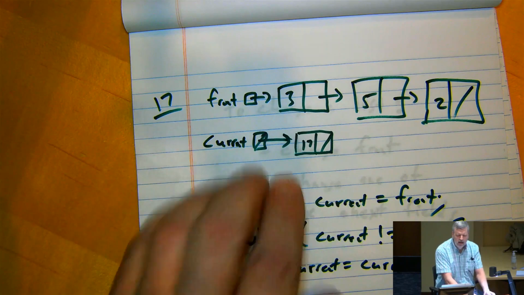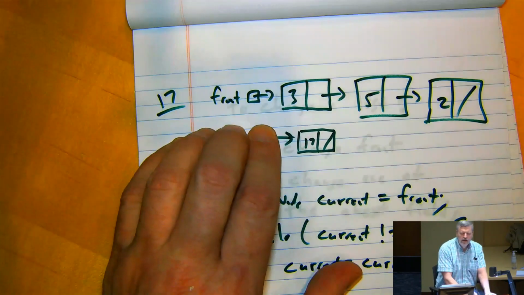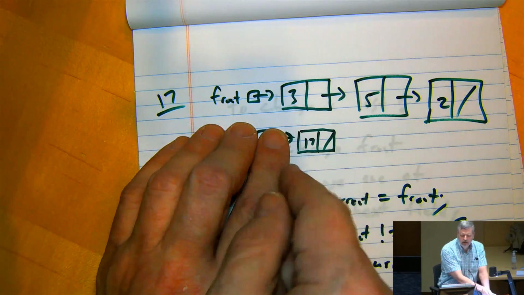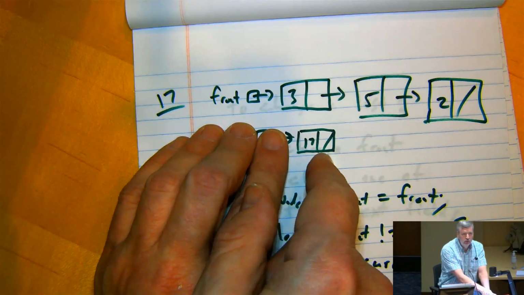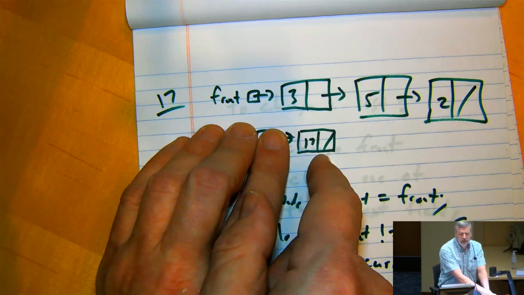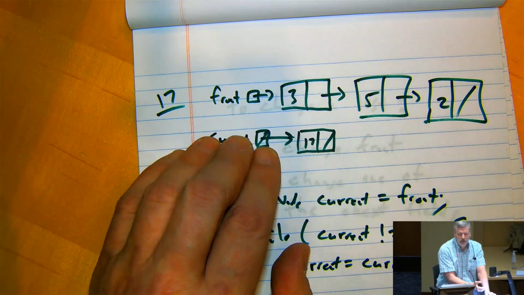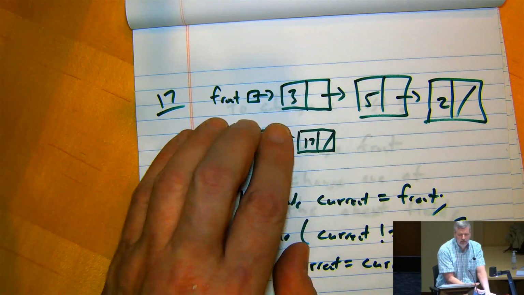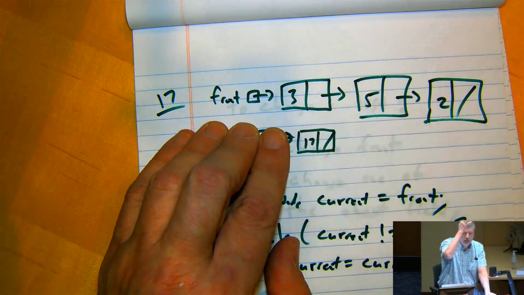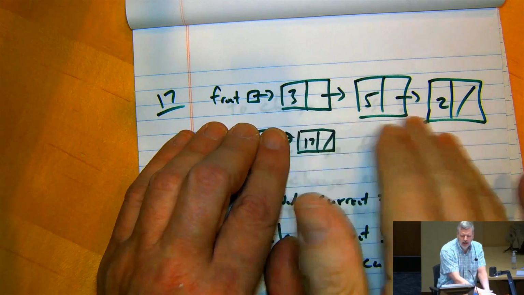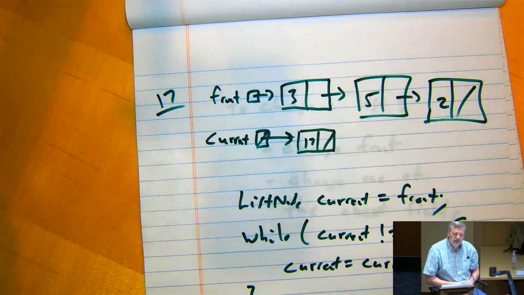They go away, so current would go away. That would mean that we don't have this variable current anymore that's holding on to this helium balloon. And what I keep saying about the helium balloons is that if nobody's holding on to it anymore, so once current disappears because the local variable goes away, this balloon floats away. So it never ends up getting connected to these elements at all.